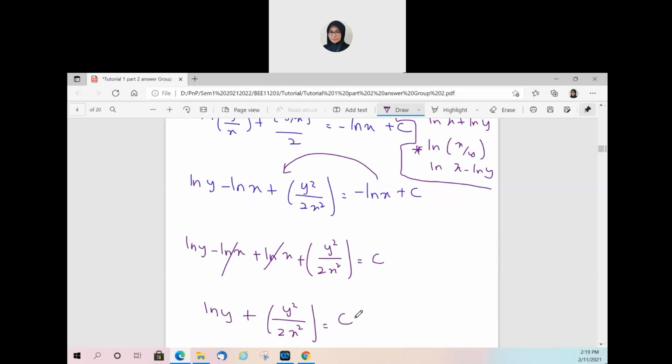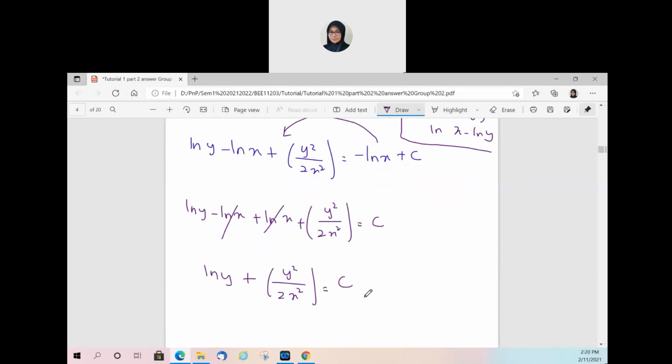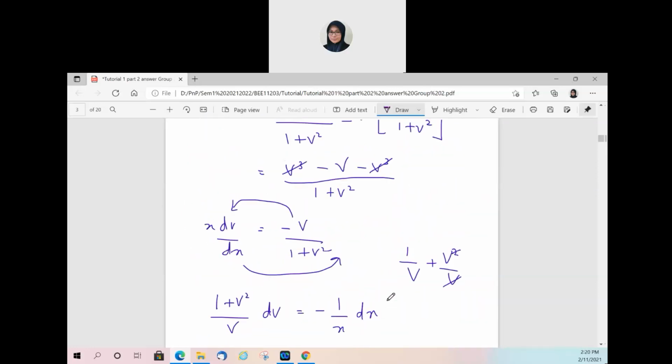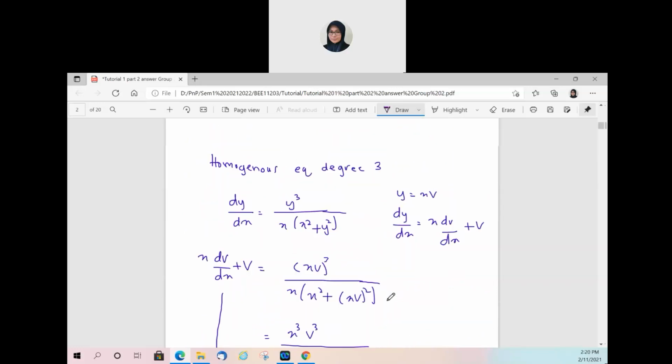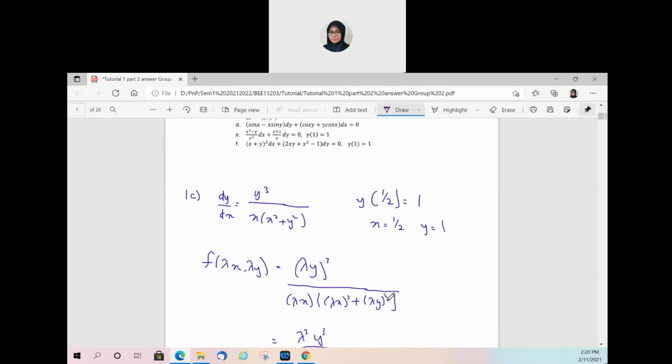Any questions? No questions, doctor. If you are not given any initial conditions, then you can stop up to this answer. However, you have the initial condition here.